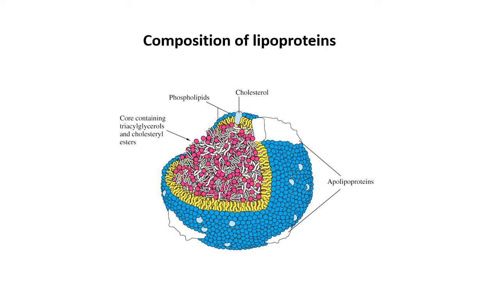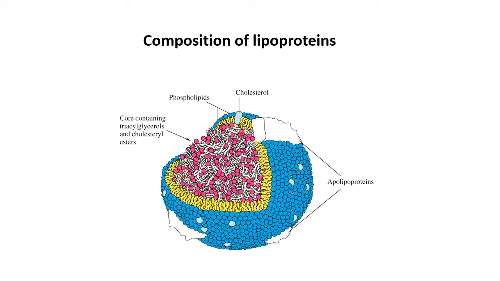The amphipathic components of the surface layer are oriented so that their polar groups face outward to the aqueous medium and their nonpolar groups face inward. Note that in lipoproteins we have one surrounding layer, not two like in the case of cell membranes, because the inner environment here is hydrophobic, unlike the inner environment of the cells, which contains water.